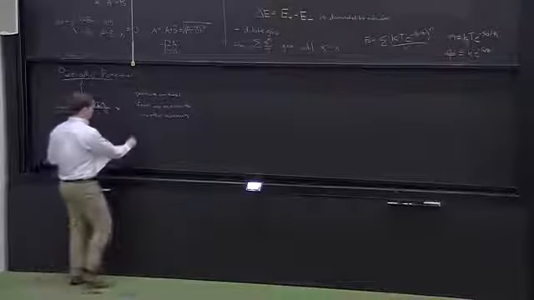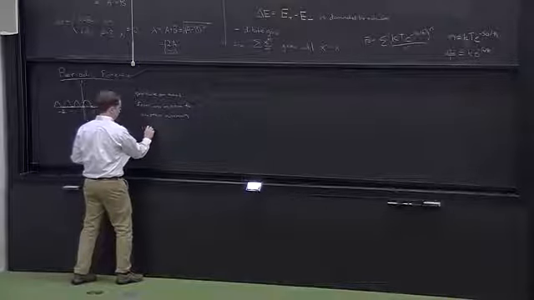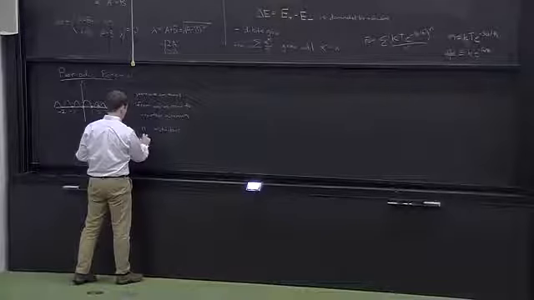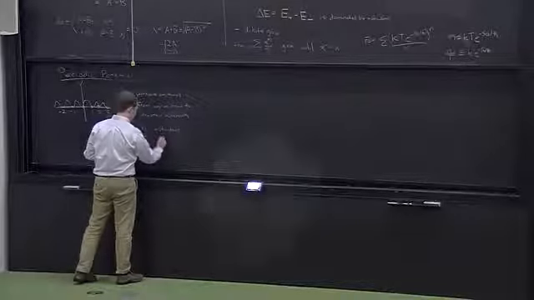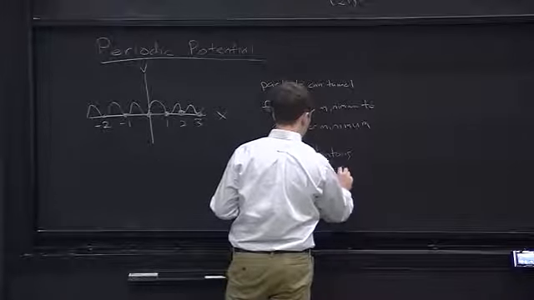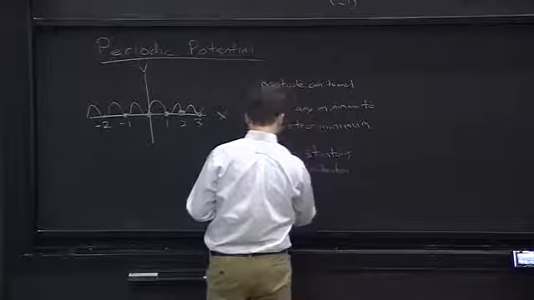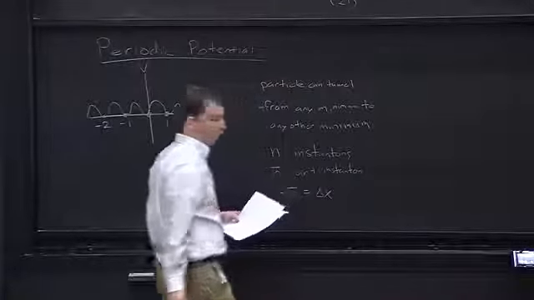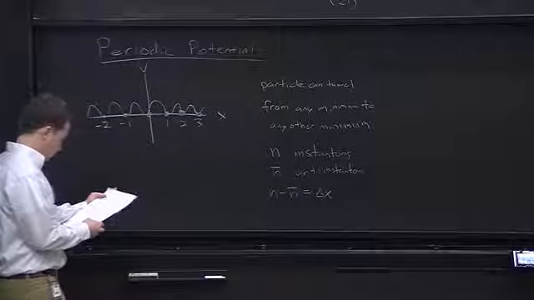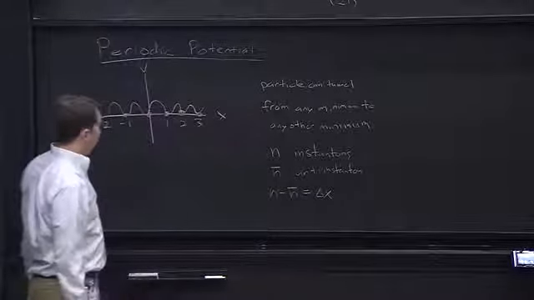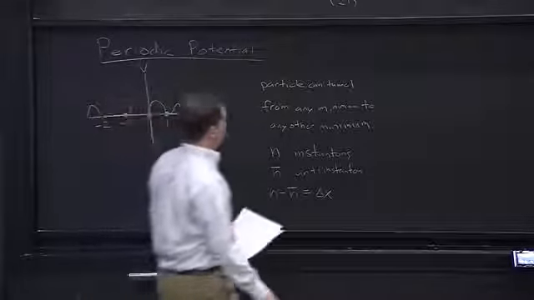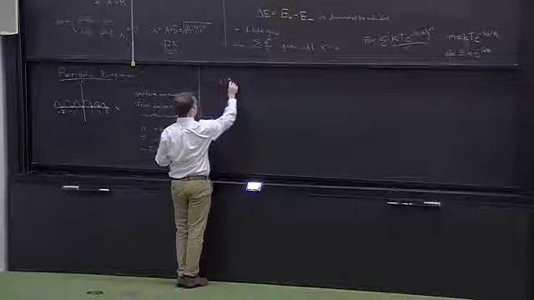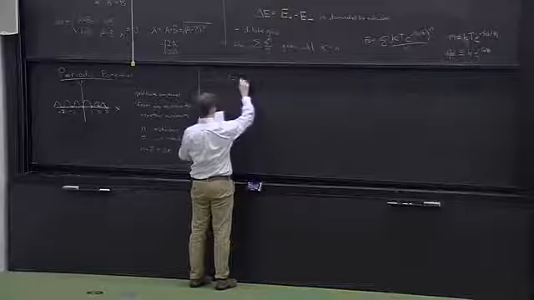And so if we have n instantons and n bar anti-instantons, n minus n bar will tell us how far the particle has tunneled. And so we can basically directly write down the amplitude to go from x equals k to x equals L.